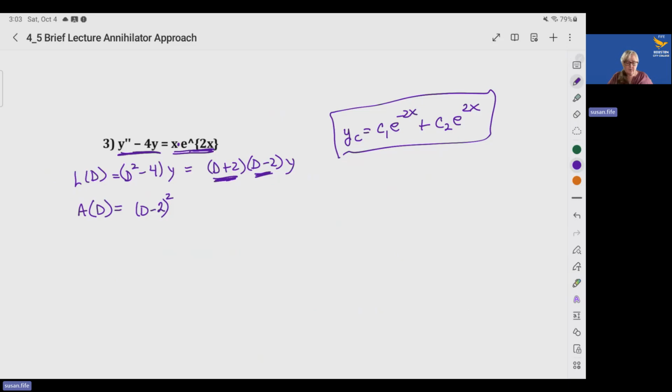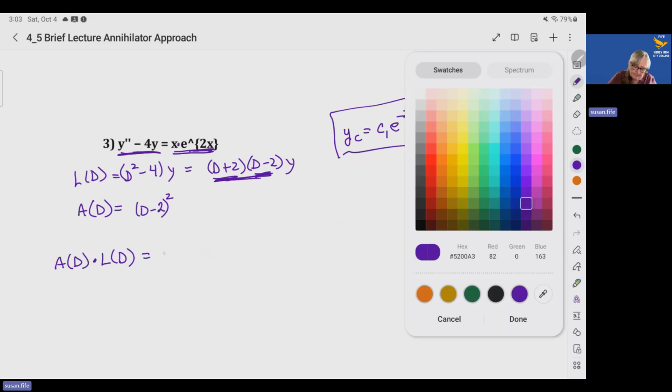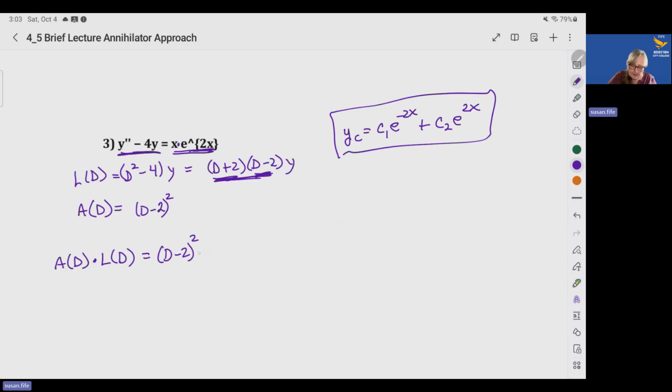And so I'm going to apply that to my L of D. A of D times L of D is going to give me D minus 2 squared times D plus 2, D minus 2, applied to y. And I can combine these D minus 2's to get D minus 2 to the third times D plus 2 applied to y, and then equals 0.